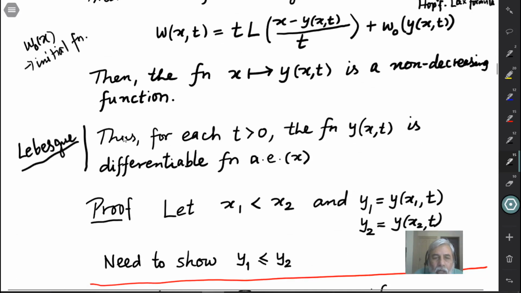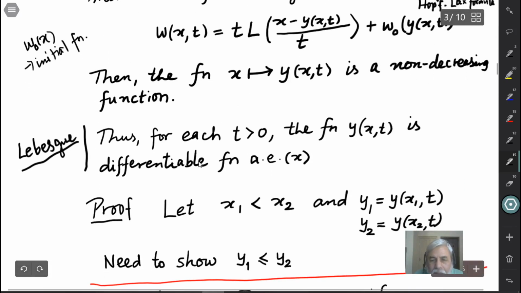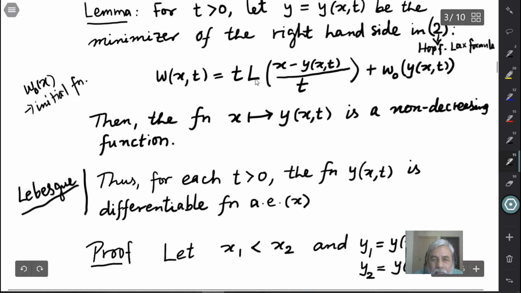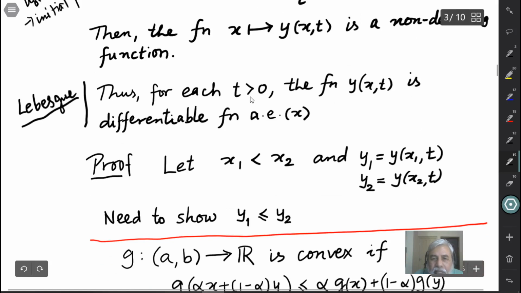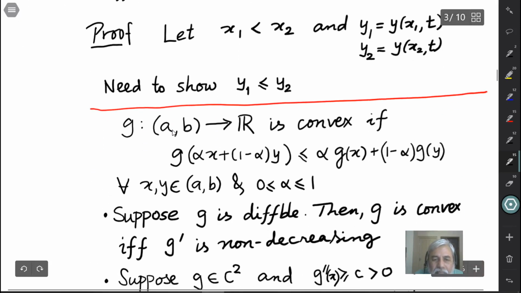Okay. So the proof of this lemma is quite simple, and it just uses the convexity of this L. For your information, I have just recalled some definitions of the convex function. You take any real valued function g defined on an interval (a,b).